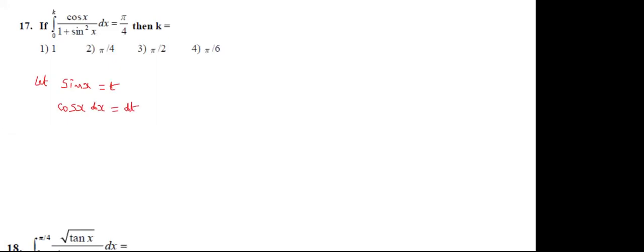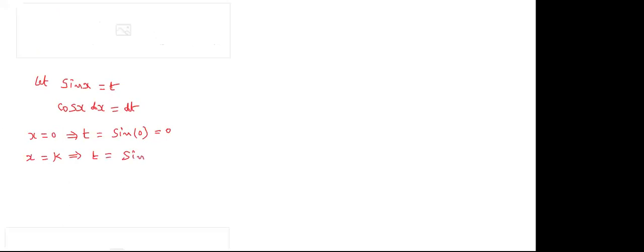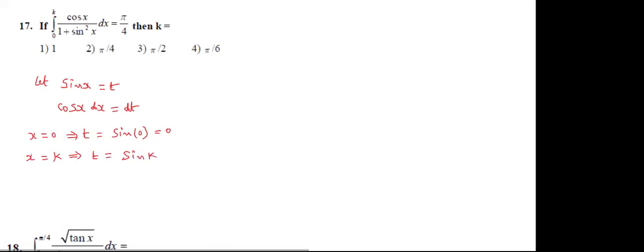Now we want to change the limits also. If x is equal to 0, then what is t? T means here sine x is there. So in place of x substitute 0, sine 0, 0. If x is equal to k, then what is t? T is equal to sine k. Now these values substitute in the question.